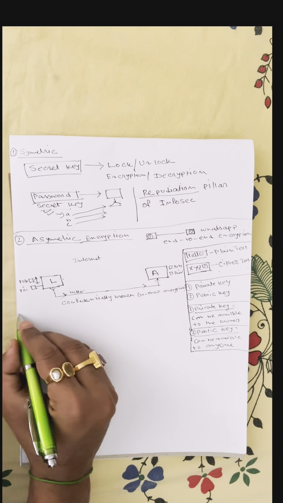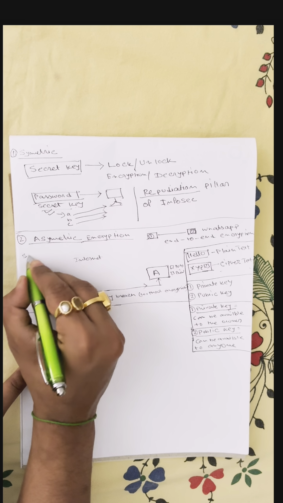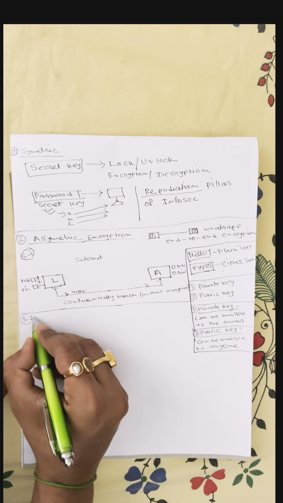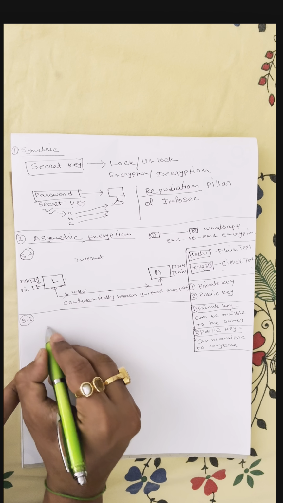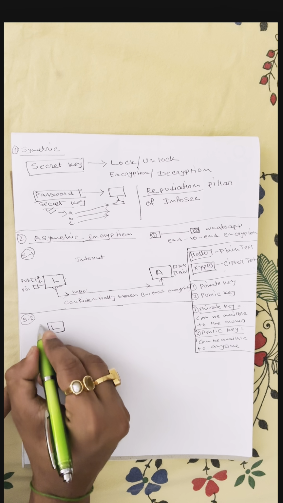Okay, I'm trying to make it easy for you, no worry. This is scenario 1. Now scenario 2. Same thing, Louis has two keys.